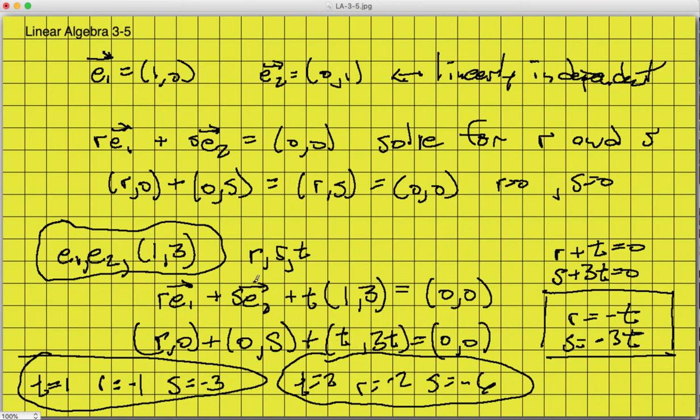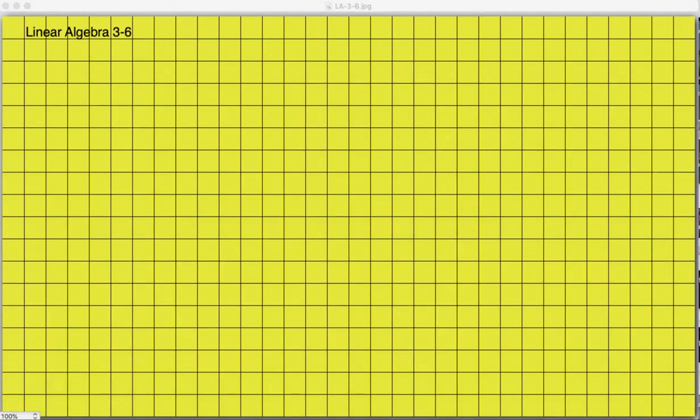So the conclusion here is that these three vectors don't form a basis for R2, but we saw that e1 and e2 do.